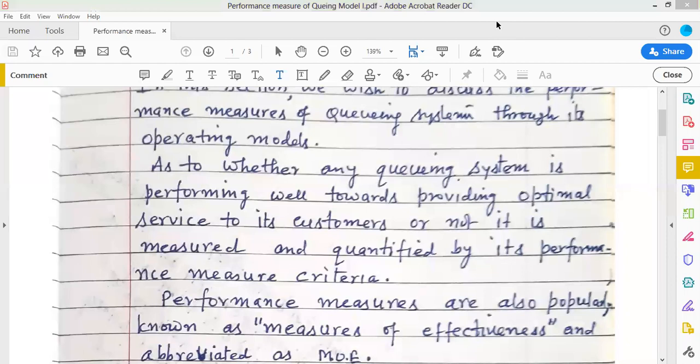Another popular name is operating characteristics, and another name is measure of effectiveness. I would like to show you how this measure of effectiveness is working.